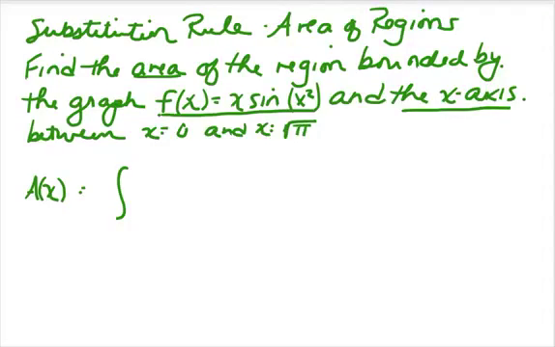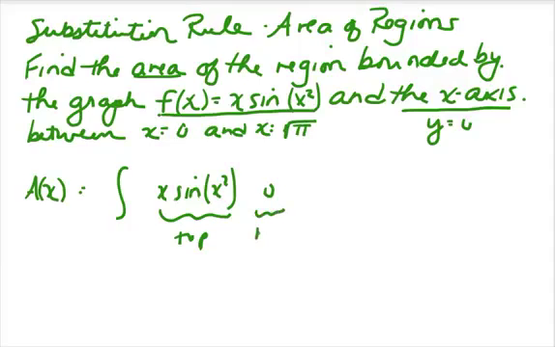The x-axis is simply y equals 0. So the integrand would be f of x minus y equals 0, which is 0. Right, the region bounded by the top. This is your top function, and that's your bottom.